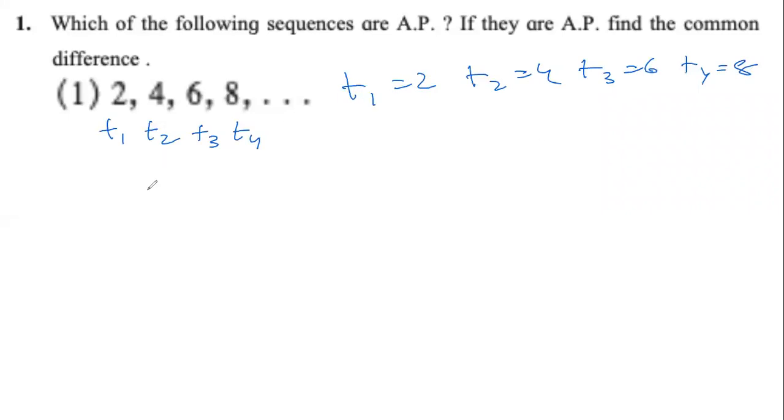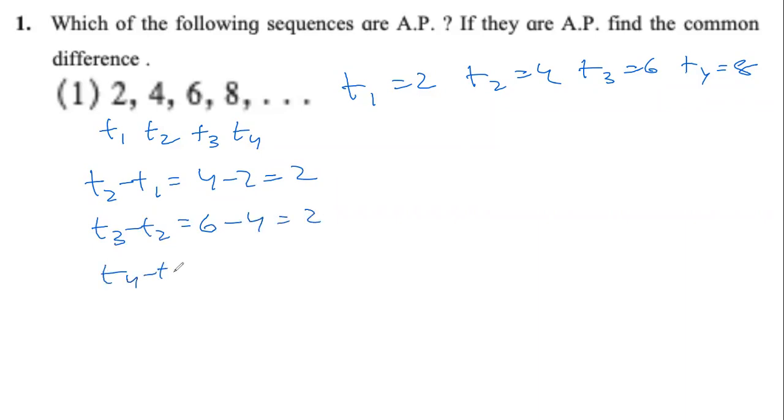Now, to find the difference, what will we do? We will find T2 minus T1. And we see T2 minus T1 will be 4 minus 2, which is 2. T3 minus T2, which is 6 minus 4, equals 2. And T4 minus T3, we will get 8 minus 6. This is also 2.